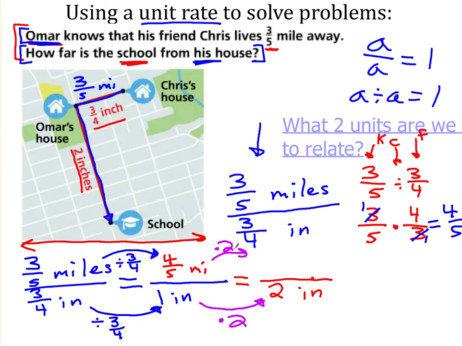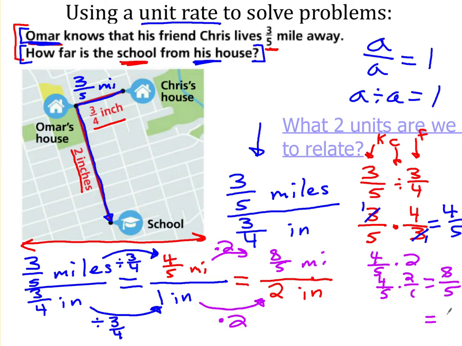4/5 times 2 will just become 8/5. And again, if you're wondering how I got that, I essentially did 4/5 times 2, which is the same thing as 4/5 times 2/1. Multiply the tops together, I get 8. Multiply the bottoms together, I get 8/5.